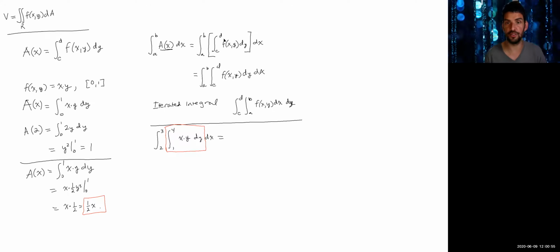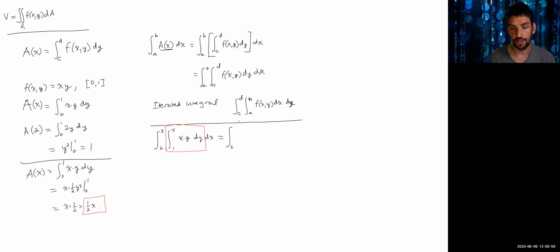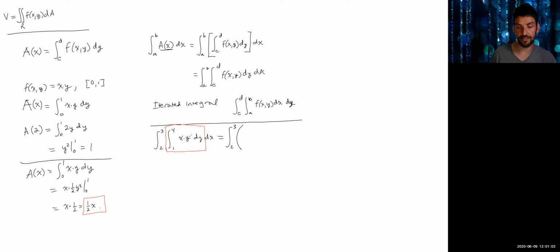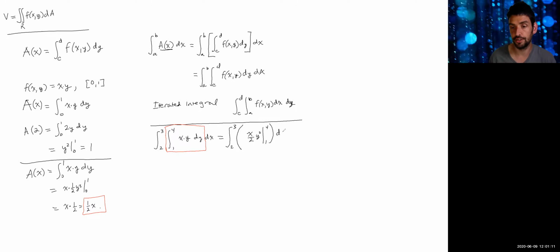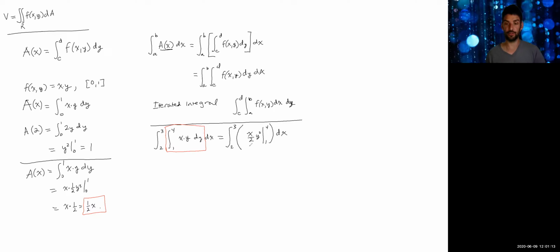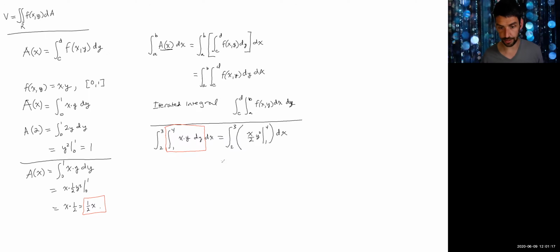The other stuff is just containing it. So with respect to y, I get x over 2 times y squared evaluated from 1 to 4. Remember, these are y values. So that's what the inside integral ends up looking like.